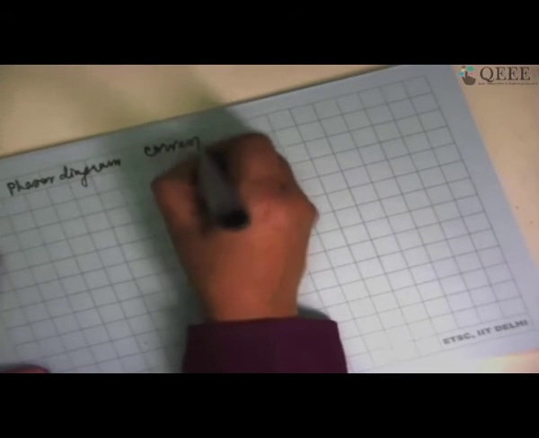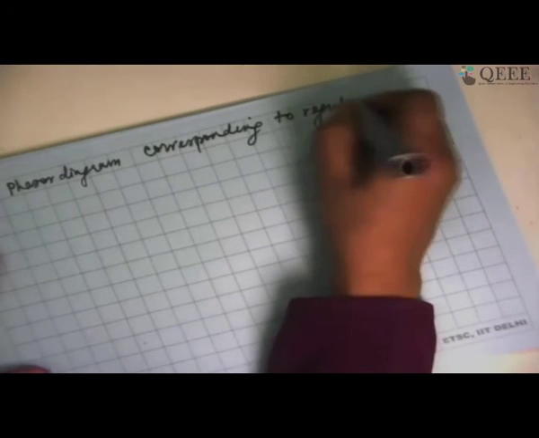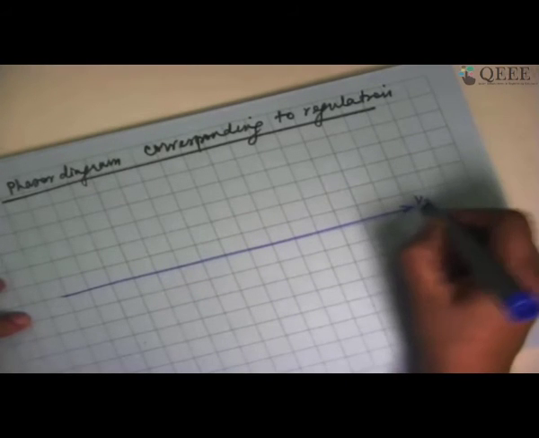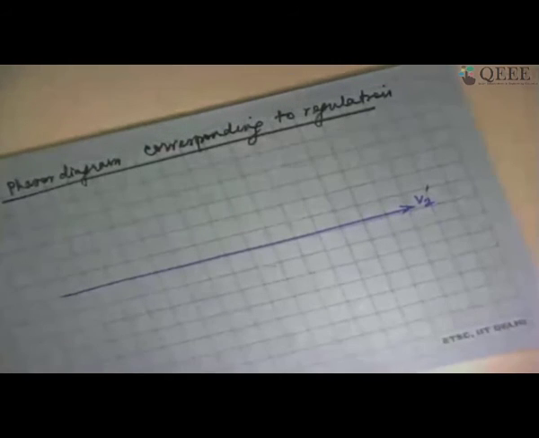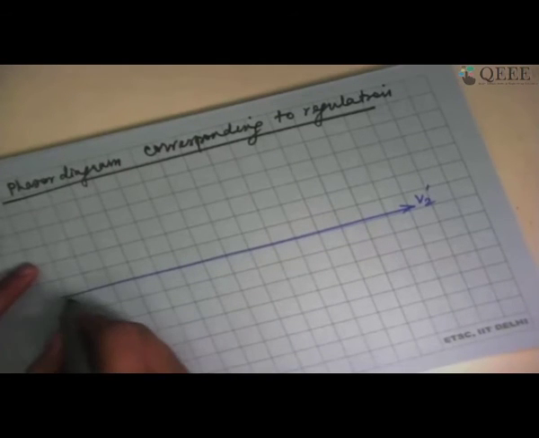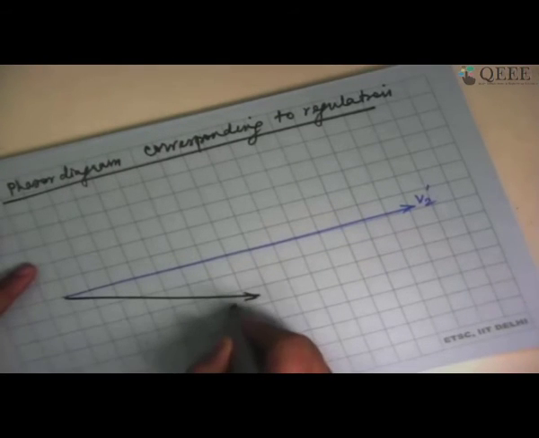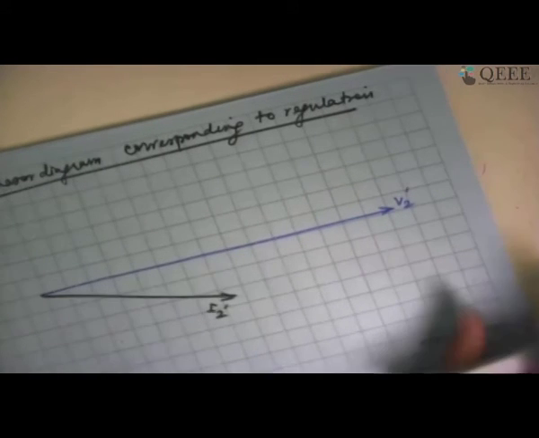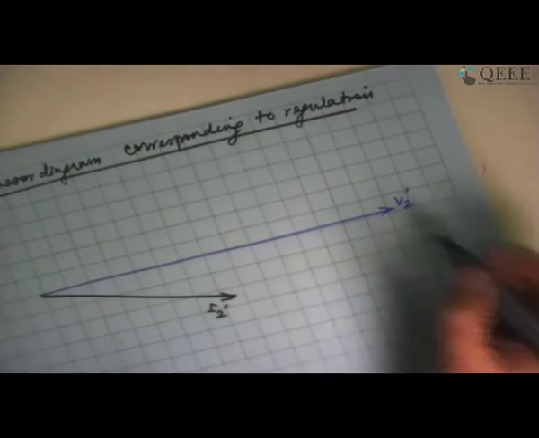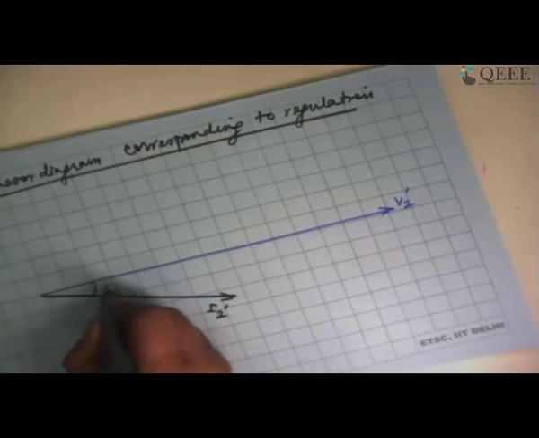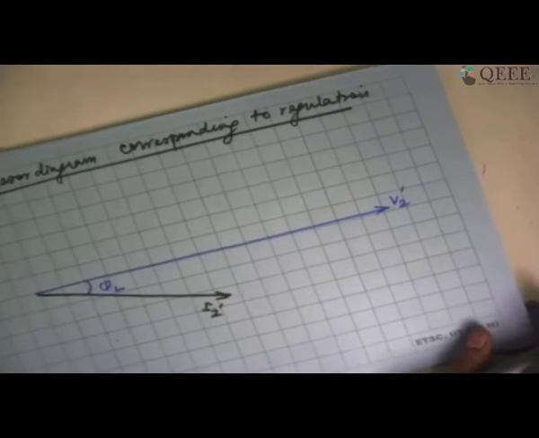corresponding to regulation. So I am again looking at this as V2 dash. Let me say probably I have this as I2 dash. Now to this, whatever is the phase angle here, let me call that phi L, or the load power factor angle.